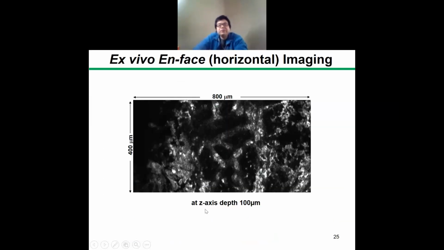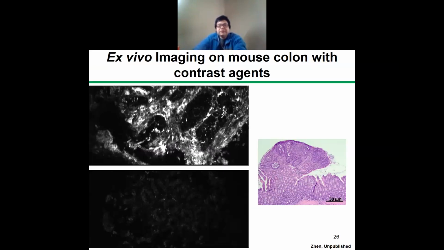To take a very simple example, when you stain the dye or stain it with the targeted imaging contrast agent, you potentially can get the XY with a large field of view, which is 800 by 400 micron, at 5 frames per second, and at different depths by moving the Z actuator. So you can see cellular resolution imaging very easily, and also it has histology-like quality.